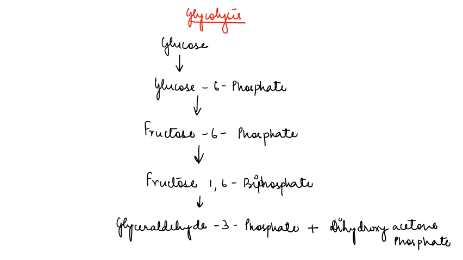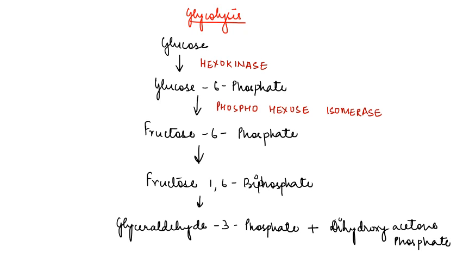The enzyme needed for glucose to change to glucose 6-phosphate is hexokinase, right? Glucose 6-phosphate gets converted to fructose 6-phosphate with the help of the enzyme phosphohexose isomerase, right?